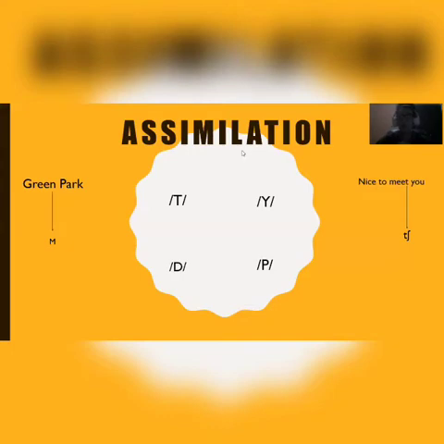For example, last year: when you say last year using assimilation, you don't pronounce the T sound, because when you're speaking fast, the sound becomes another sound.